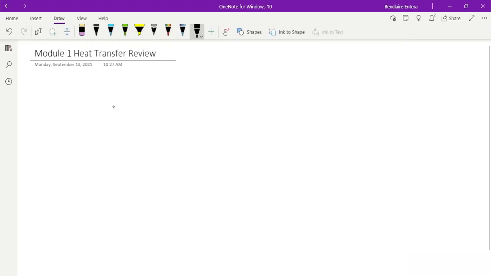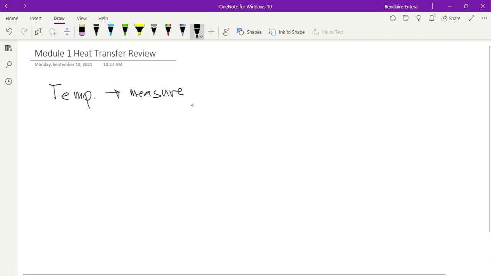Now, temperature and heat are two different quantities. When you say temperature, this is a measure of how hot or how cold the object is. So temperature is a measure of hotness or coldness of an object.